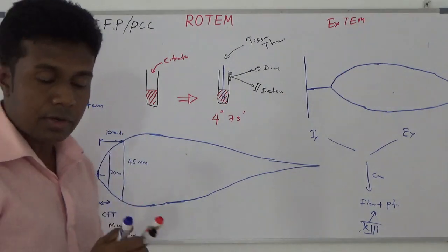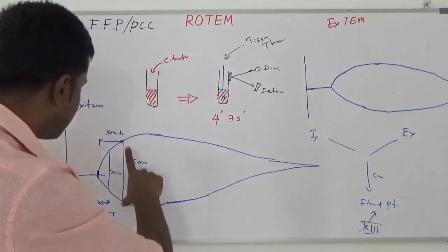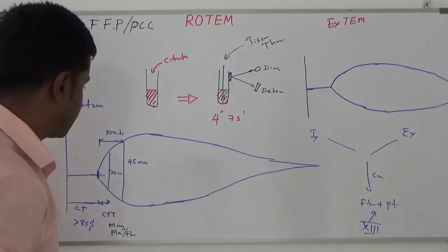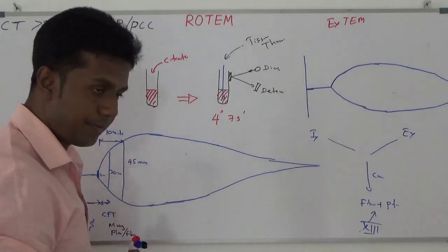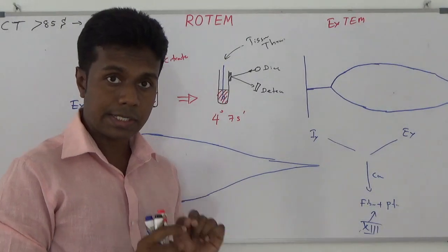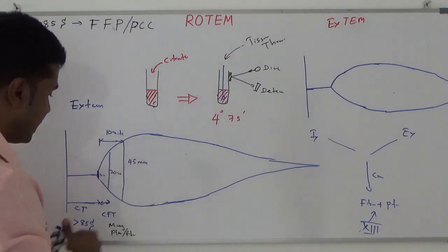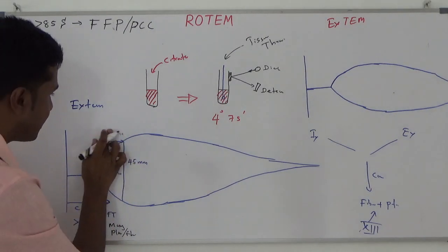After about 10 minutes of starting of your coagulation, your graph should be more than 45 mm size. If your patient has less than that, that means less than 45 mm after 10 minutes, that value we are going to call A10.